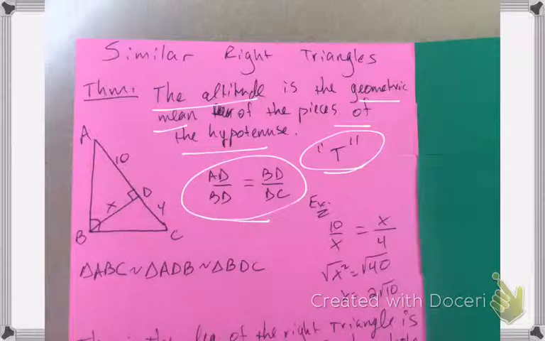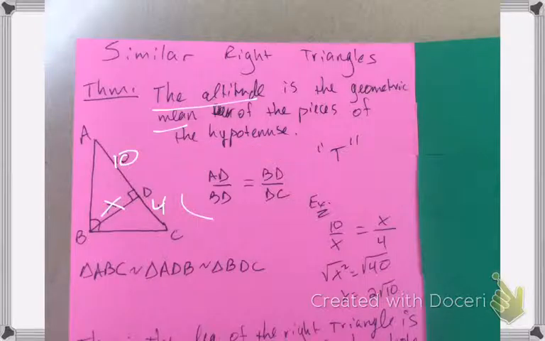As a quick example, let's say we want to find the altitude. The altitude is x, right here, and we know the length of AD is 10 and the length of DC is 4. From this theorem, and you're going to have to remember it, the altitude is the geometric mean.